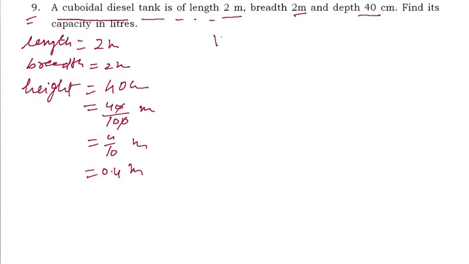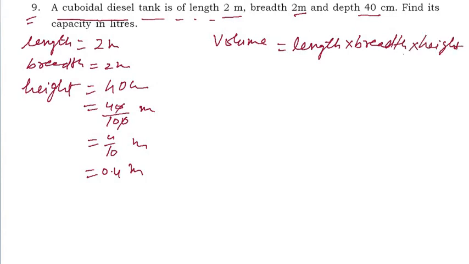Now find the volume. Volume is equal to length into breadth into height. Now put the value. Length is 2 meter, breadth is 2 meter also, and the height is 0.4 meter.